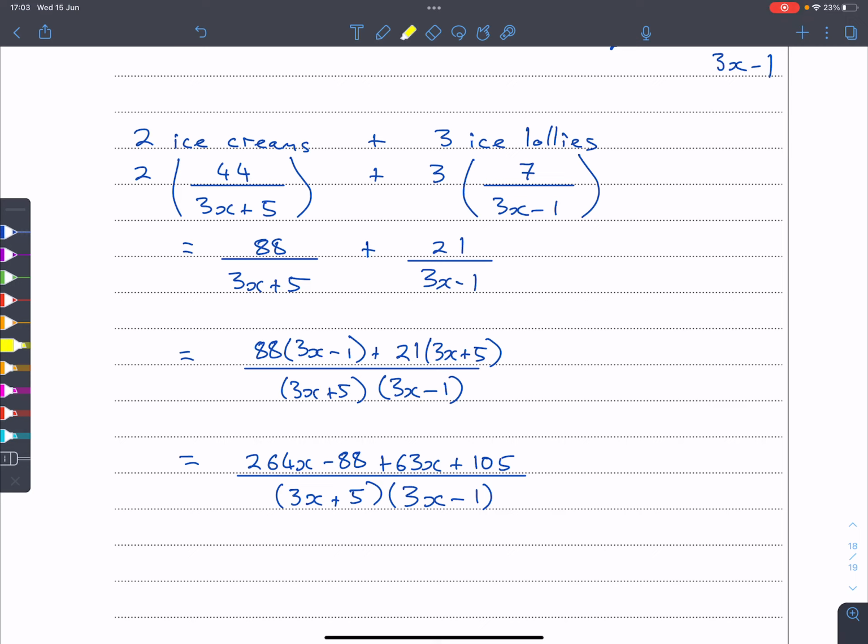So let's have a look at the numerator now. We've got two x terms, the 264 plus the 63. If you add those together, you get 327x. And you have your negative 88 plus 105, which is positive 17.